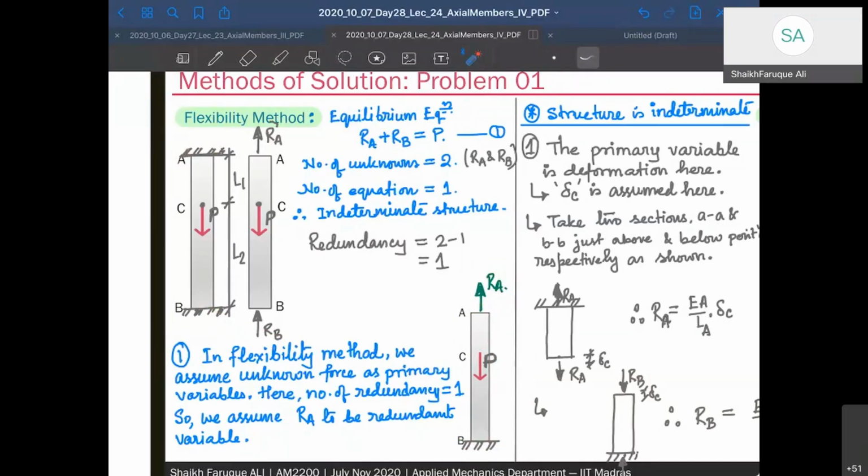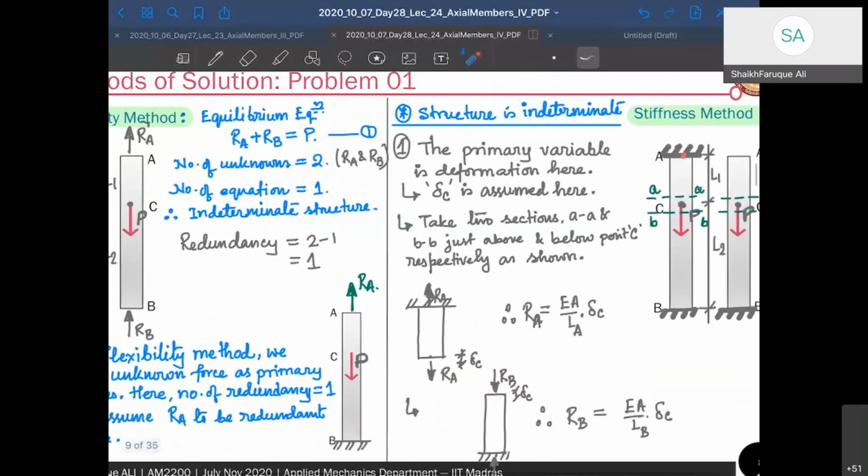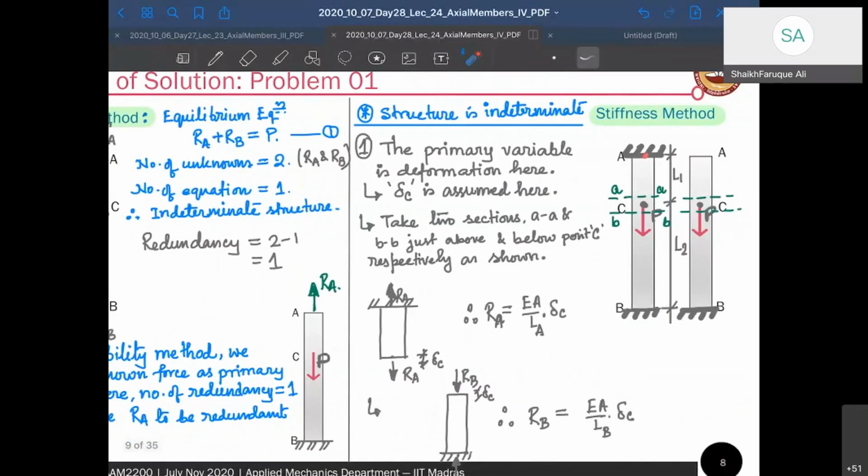We'll come back to the flexibility method once we solve it, but how much it's different in the stiffness method. For the stiffness method, we said that the primary variable is supposed to be a deformation, a degree of freedom variable. So the primary variable here is the deformation, and we assume that delta C is known to us.